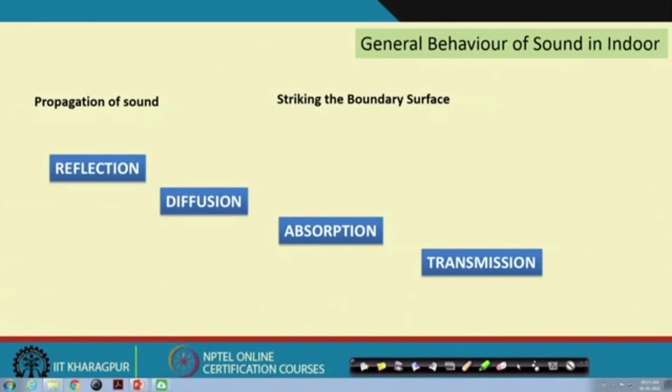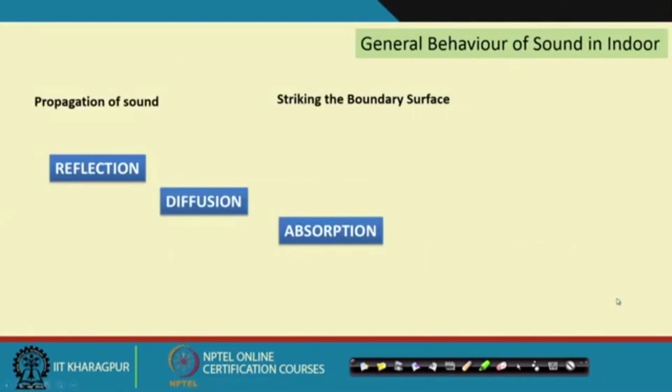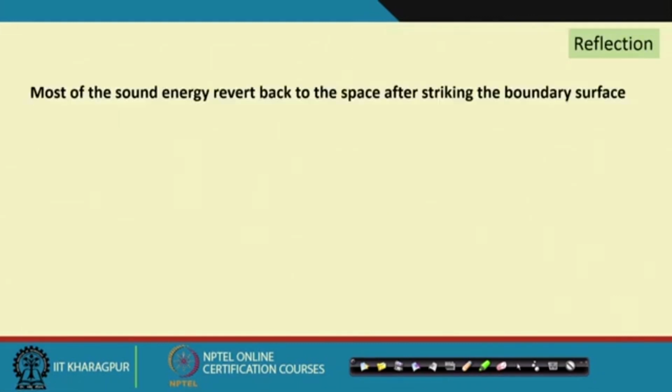I know that Dr. Gupta has already taught about reflection, diffusion and so on, but we will go through them in brief and try to visualize the phenomena in a different way.